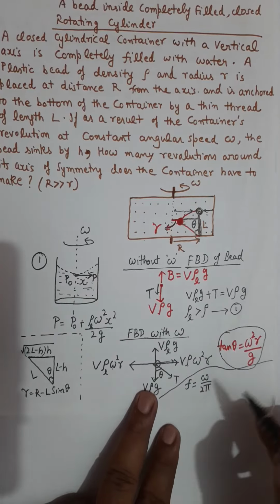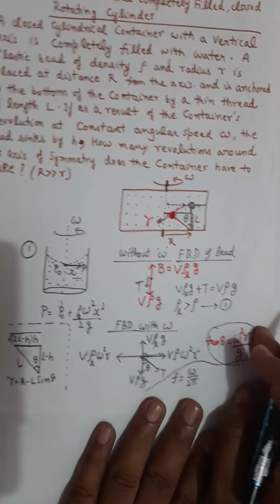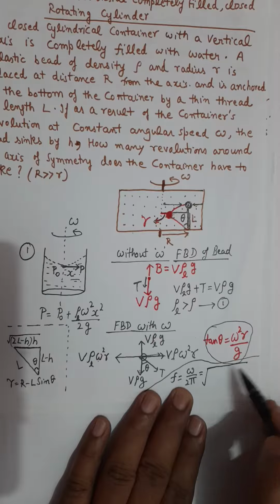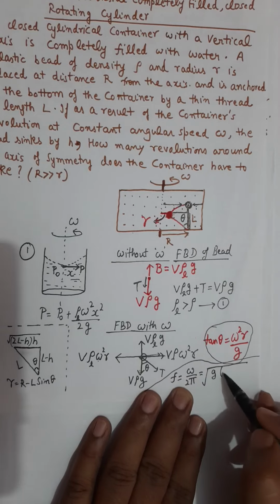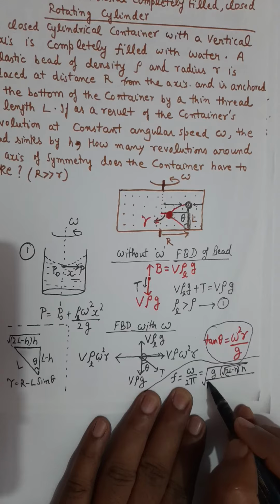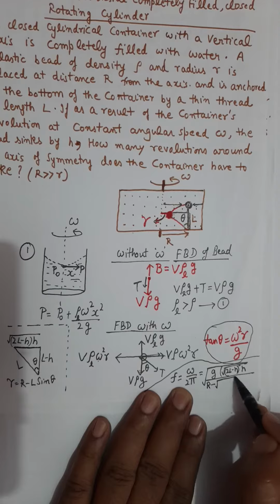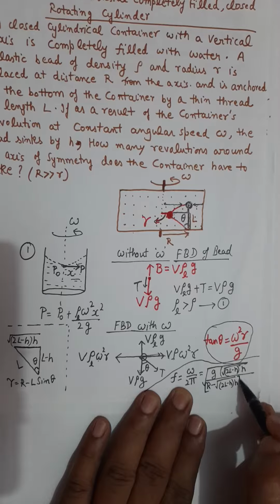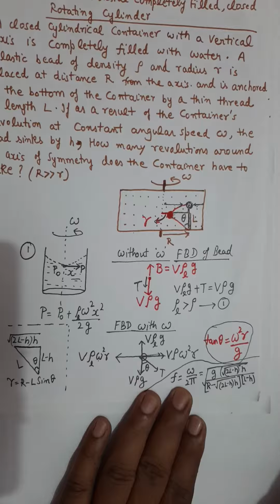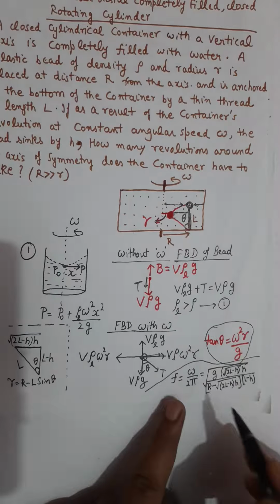And then after complete simplification, your answer will be square root of g times square root of 2L minus h times h over capital R minus square root of 2L minus h into h in a bracket, and then L minus h, upon 2 pi.